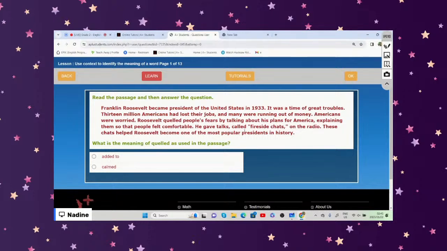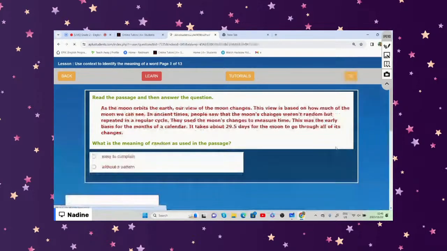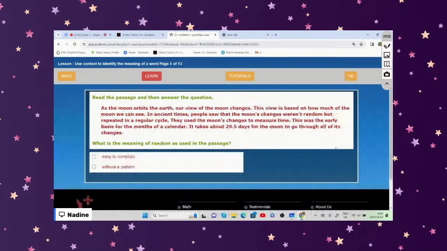If you cool people's fears by talking about your plans, is that to add to the fears or calm the fears? All right. So basically, he cooled people's fears, which means that he calmed people's fears, right? He calmed them, and so he did not add on to the fears. So calmed is correct. Well done. Calmed.